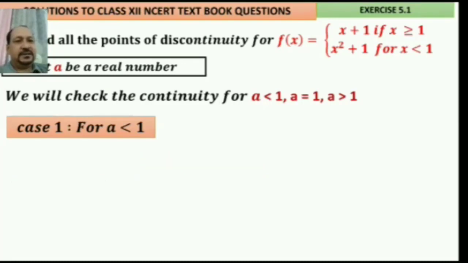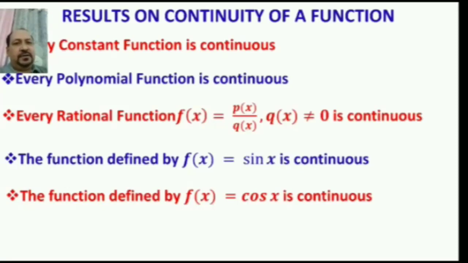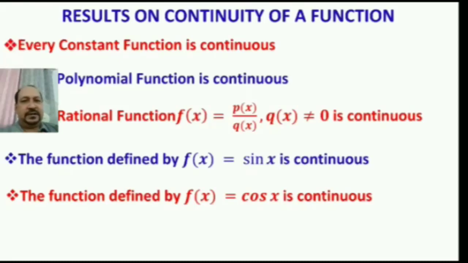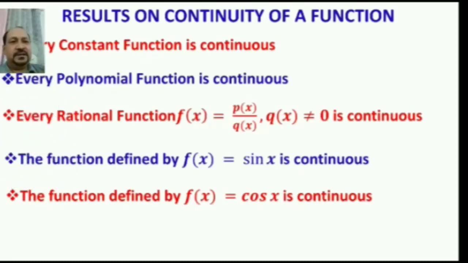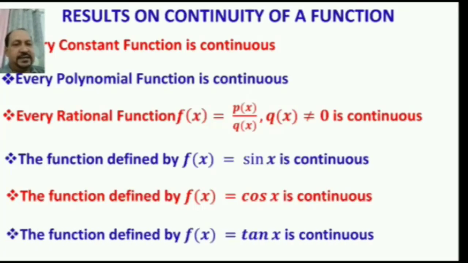In the last page, as you observe these results, every constant function is a continuous function, every polynomial function is also continuous, every rational function p(x) upon q(x), q(x) not equal to 0, is continuous, the function defined by f(x) equal to sin x, cos x and tan x are also continuous.